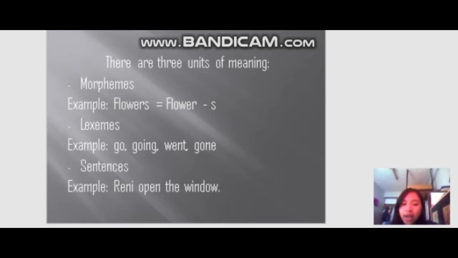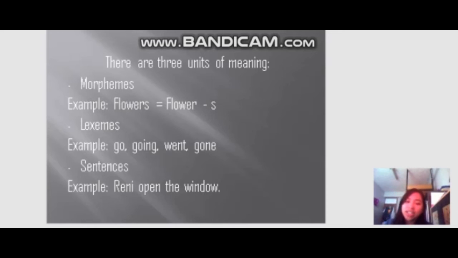When we write only flower without s at the back, it means only one flower. But when flower has s at the back, it means there are more than one flower. So there are two meanings in one word.